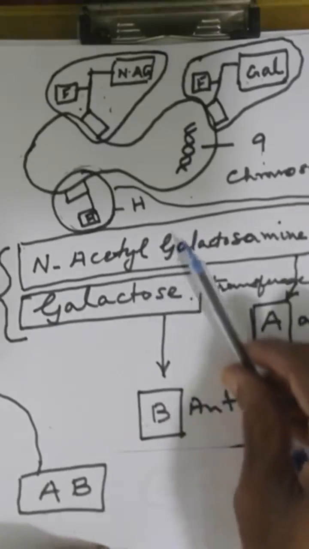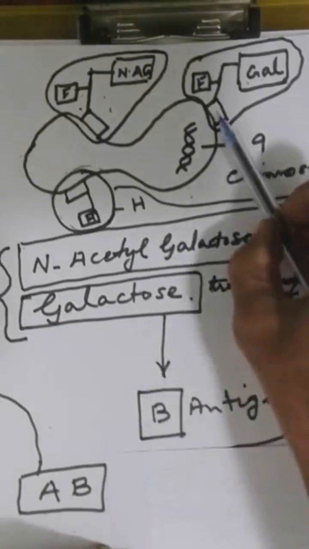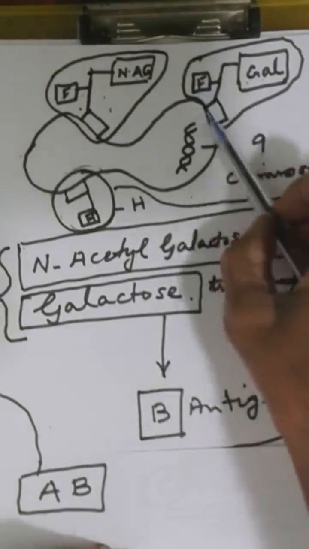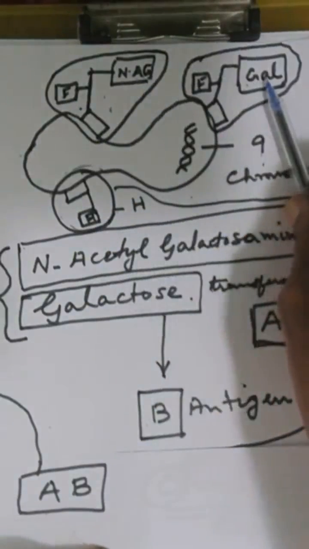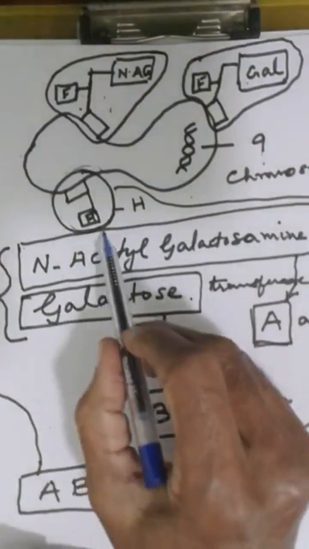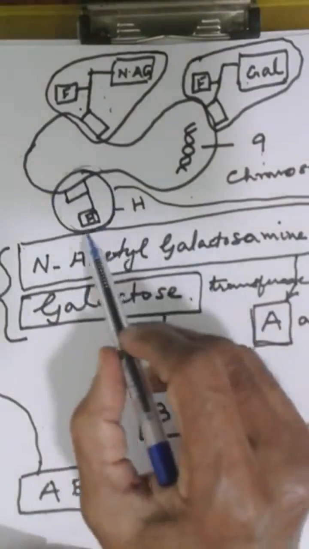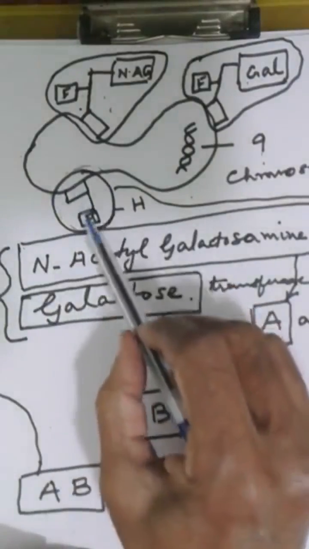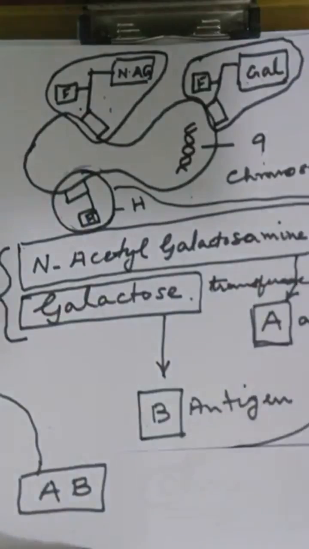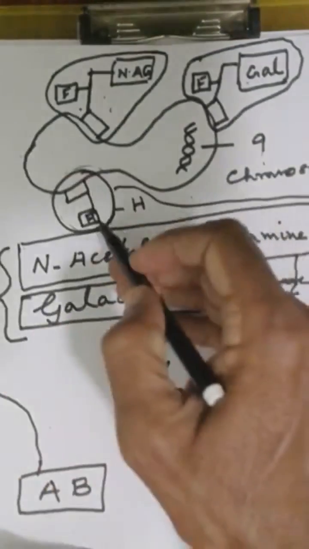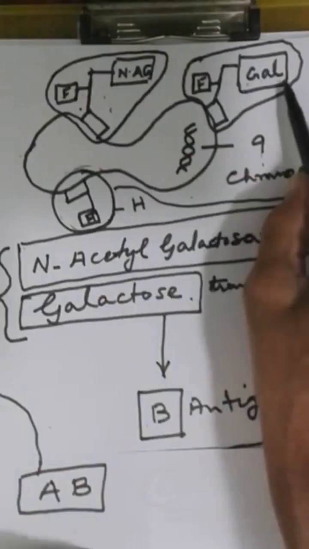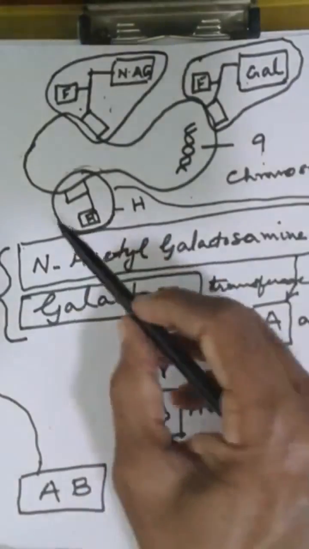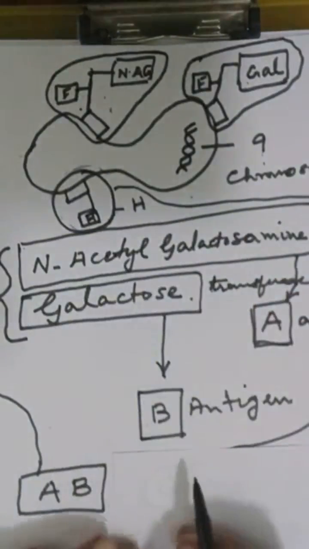That means in that case only this H substance remains. No NAG, no galactose. That is one situation. I am writing here another H alone. So this will be H alone without any NAG, without any galactose. So this person is called O group.